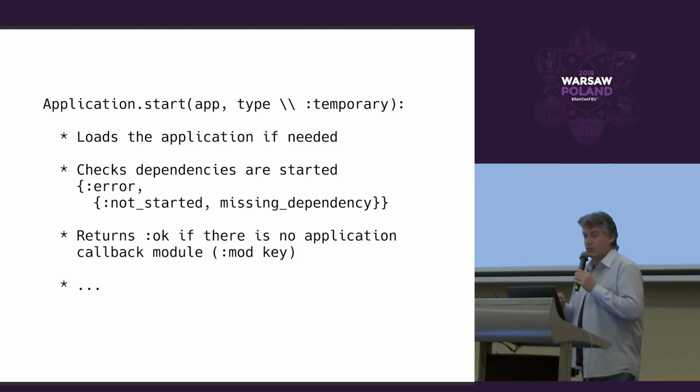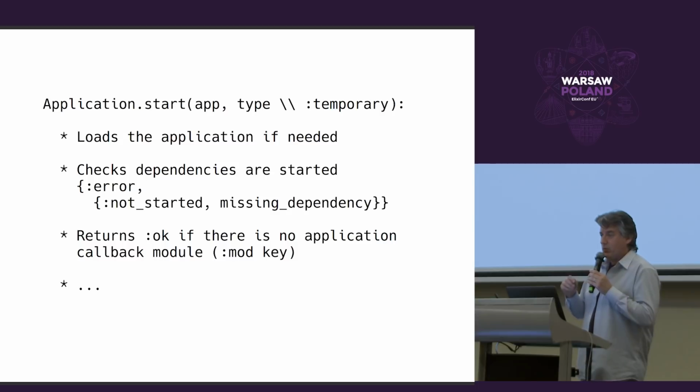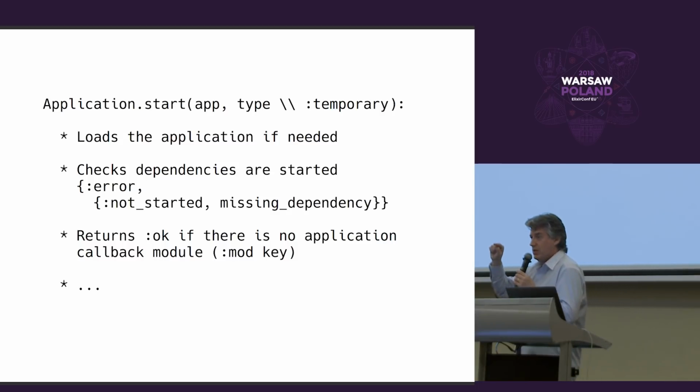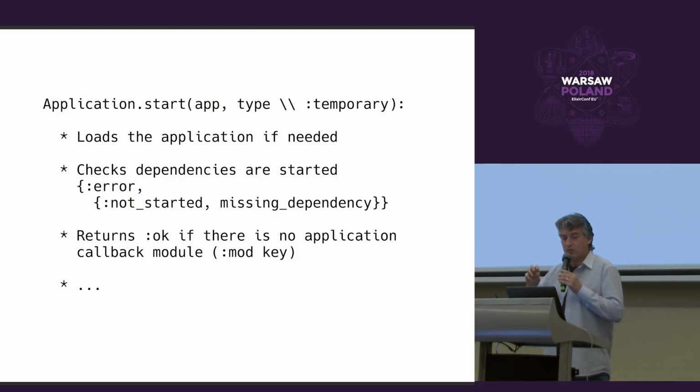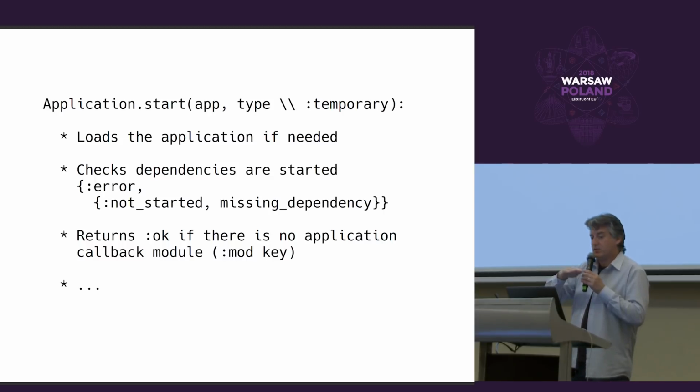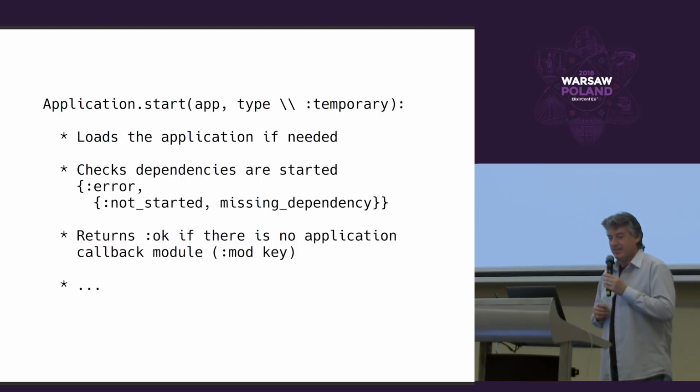Otherwise, we load it. And we check the dependencies. There's that applications key that lists the dependencies of this application. If one of them has not been started already, this returns an error, done. It's an error condition, one of the few that we are going to see in the presentation.